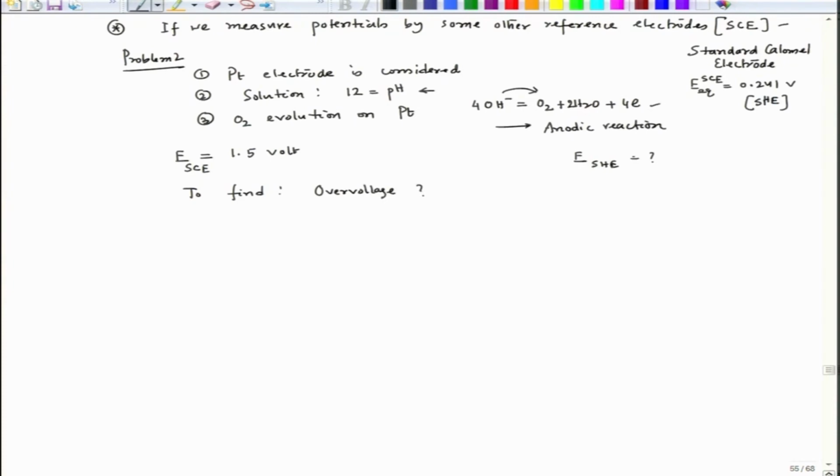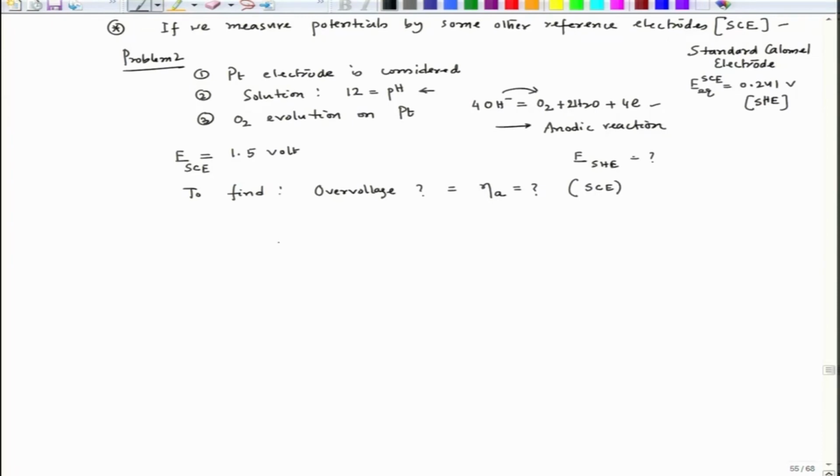Since it is anodic, we have to find out eta A, and this is to be found out with reference to standard calomel electrode. So, how to solve this? Let us plot this.